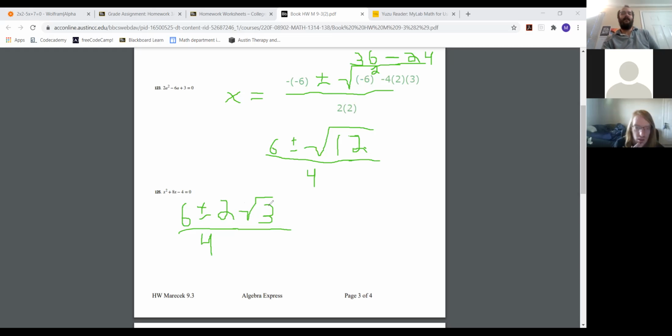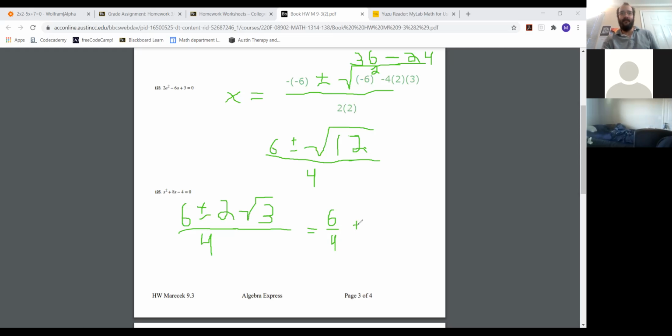Yeah, I would simplify this somehow. There's a few ways to simplify it. Sorry, would it be 3 halves plus 2 radical 3 over 4? Yeah, so separate each of these over 4, right? So if you do 6 over 4, equal sign here.